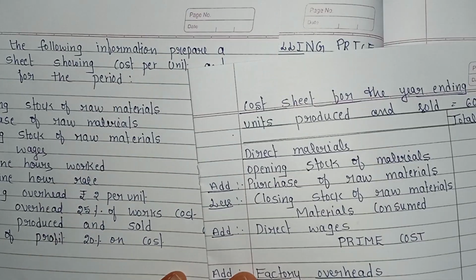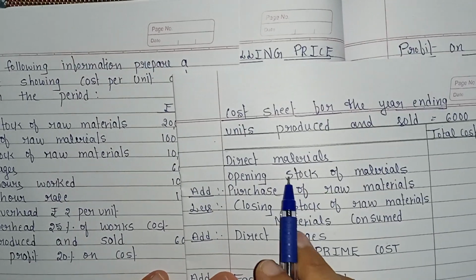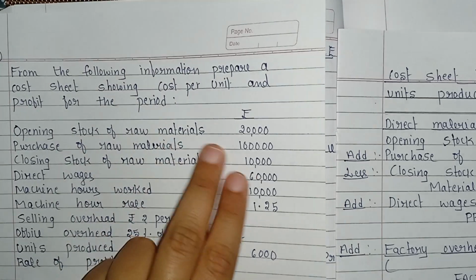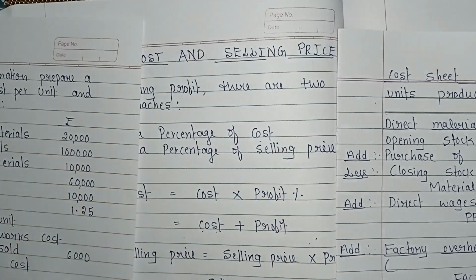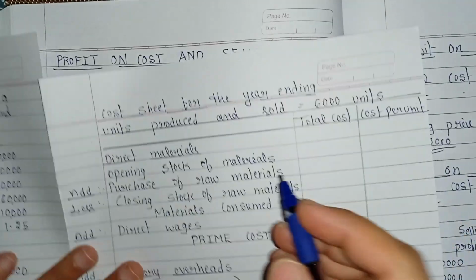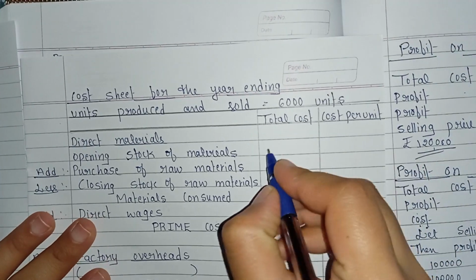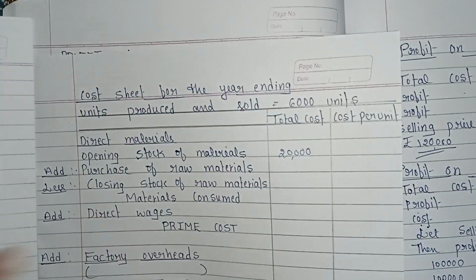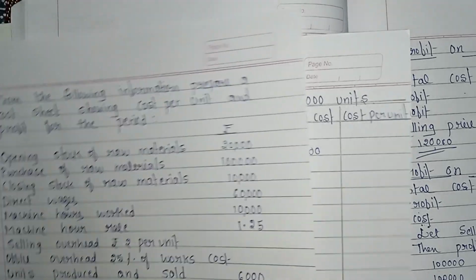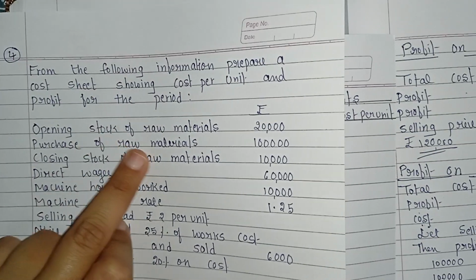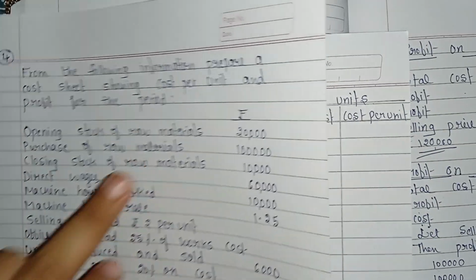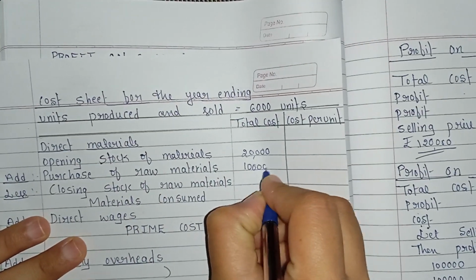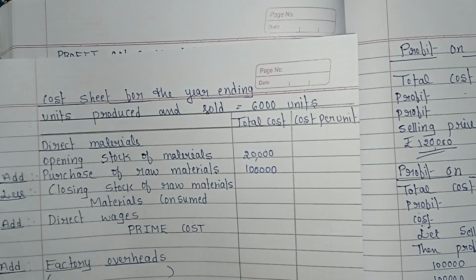Now let's solve the problem. First we have to calculate the direct materials. Opening stock of raw materials is 20,000. Next, we need to add purchase of raw materials, that is rupees 1 lakh, which makes 1,20,000.